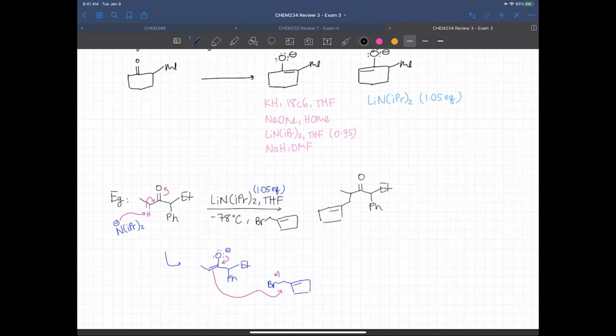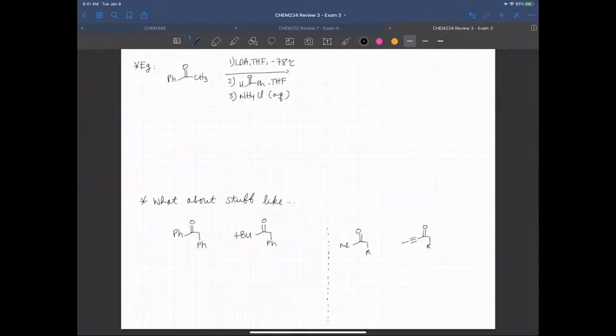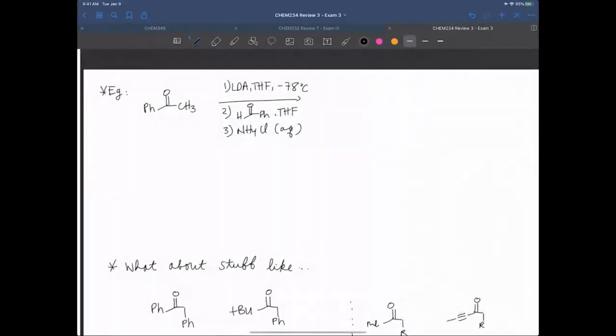So we just added an R group. This is considered the easy stuff, because if you get this, that would be nice, but I doubt you are going to work with something that easy. This is just easing you into enolate chemistry. It was one of the first few reactions that you learned. All right, let's look at another example.